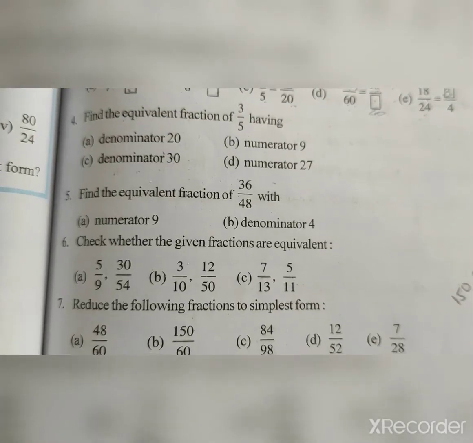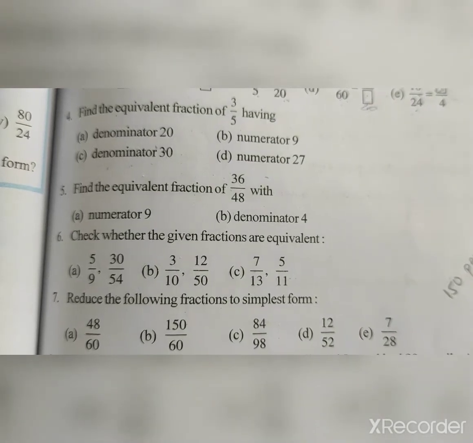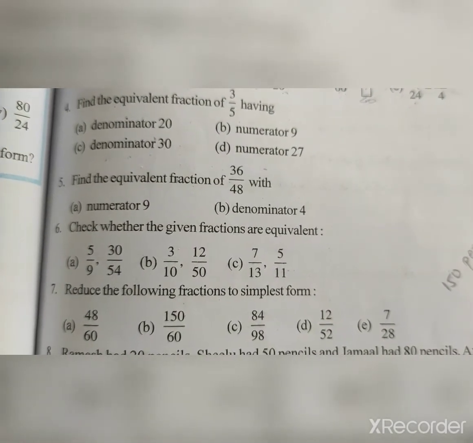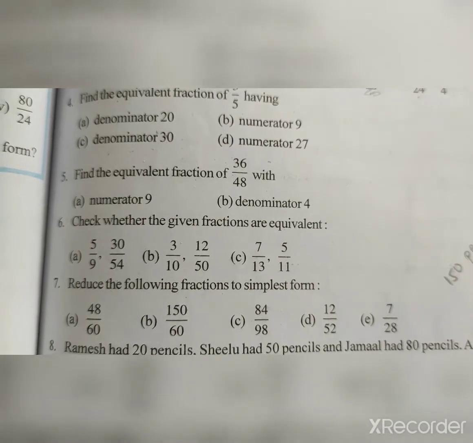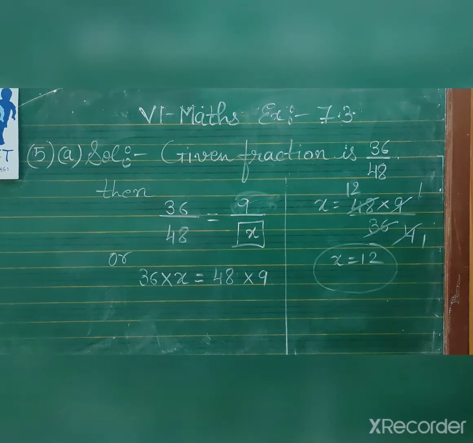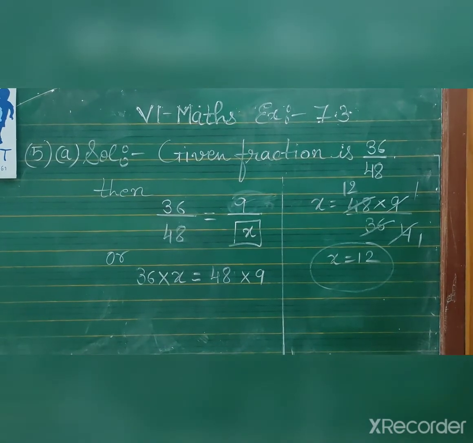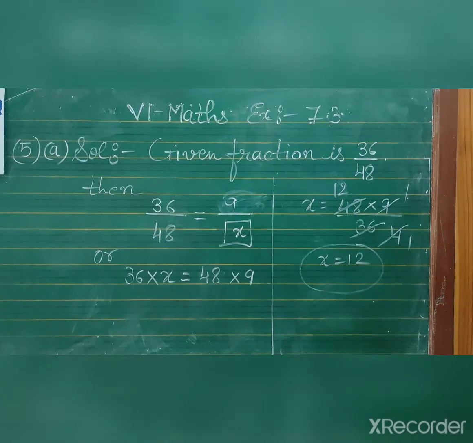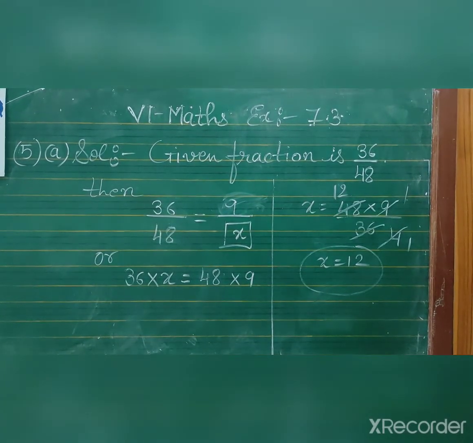Now the fifth: find the equivalent fraction of 36 upon 48 with numerator 9. One I am solving for you and the denominator 4 you will solve. So I am solving for A. See here, the given fraction is 36 upon 48 and we have to calculate its equivalent fraction whose numerator is 9.